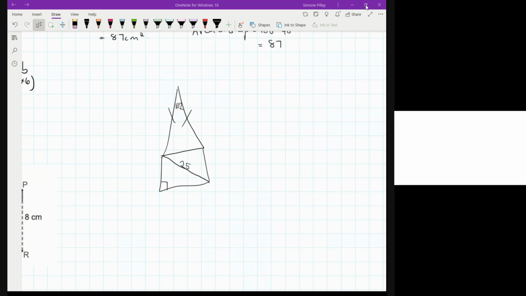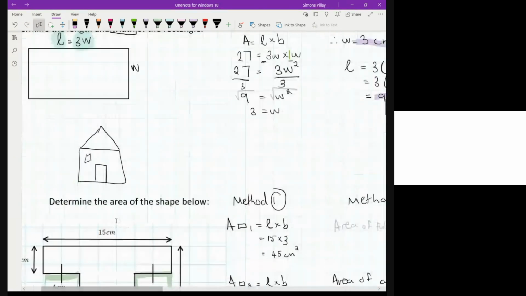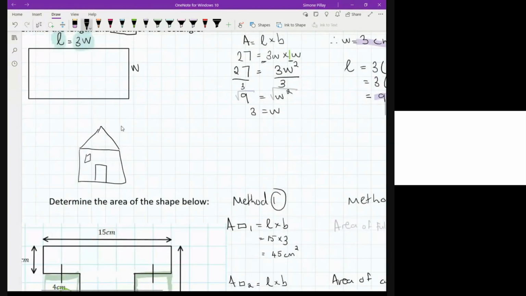5.1 said, calculate the area of the front wall without the door and the window. So I calculated that. Then 5.2 said, what fraction of the wall is taken up by the window and the door?